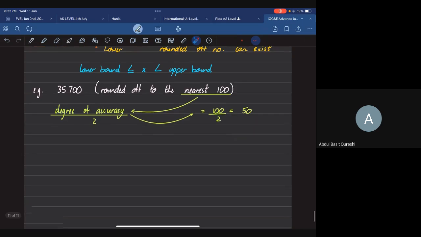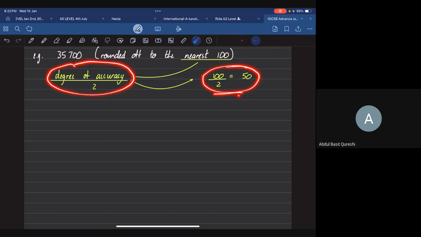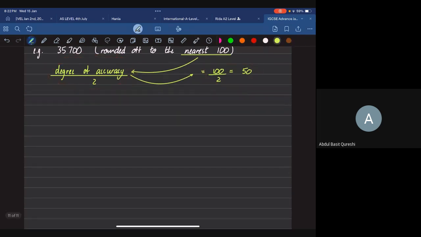Clear? Now, how do you do this? This value that we're talking about, you can use in two ways. If this value is added to the original number, that means that you're calculating the upper bound.